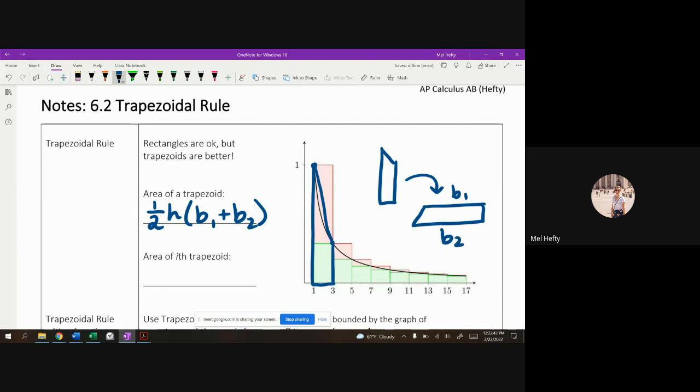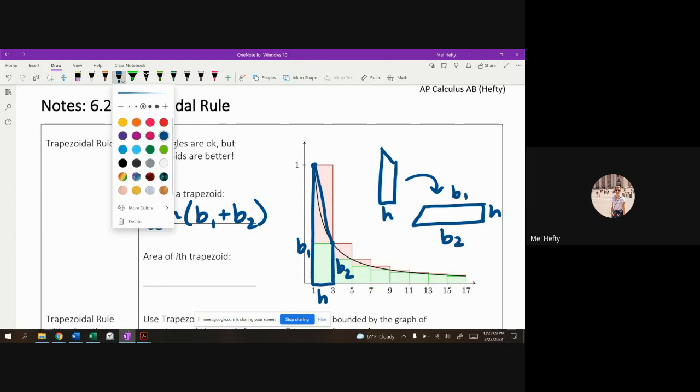So you're talking about the 2 y values here, just like the y values we would have used in Riemann sums. Those 2 y values will be my base 1 and base 2. And the height is going to be right here. The height would be like that delta x we talked about last time, the distance along the x-axis.